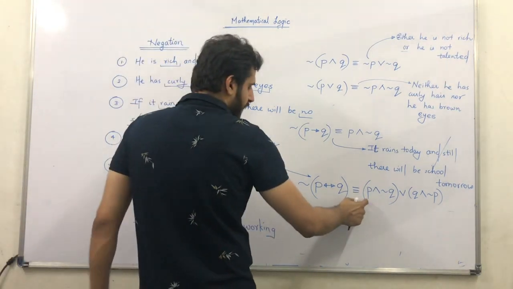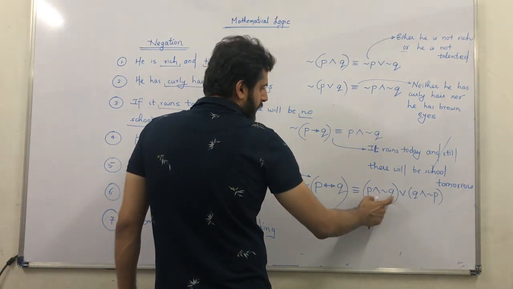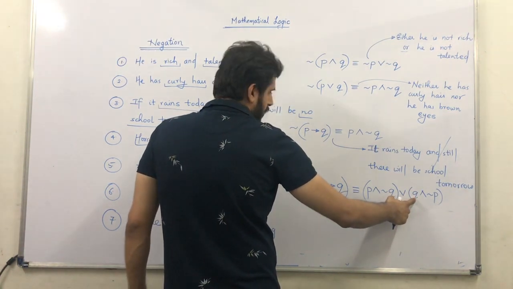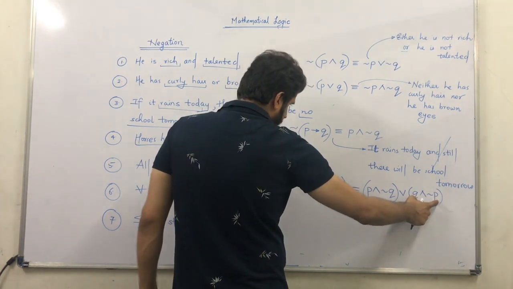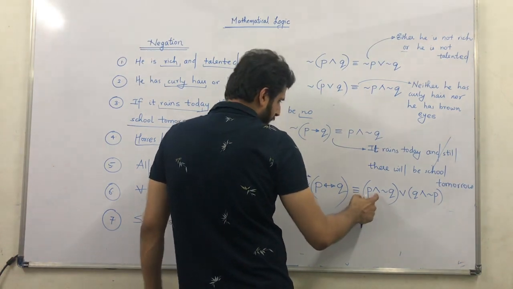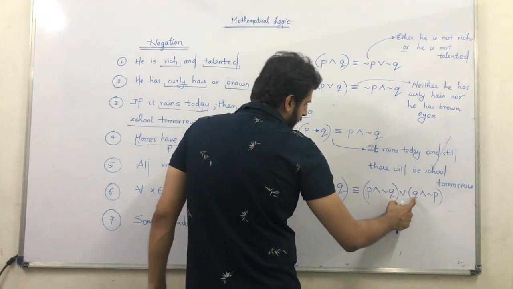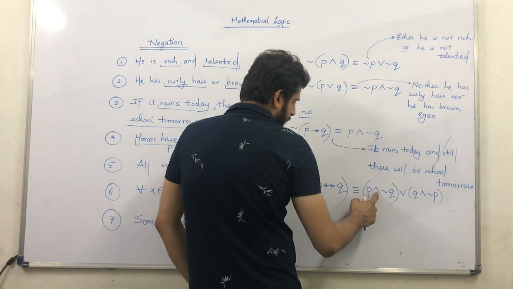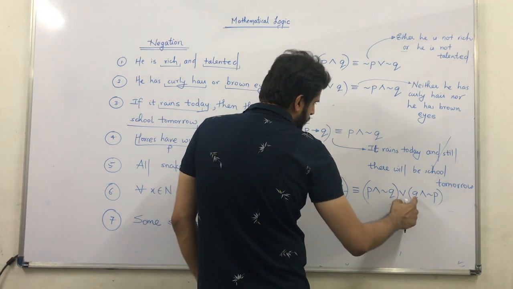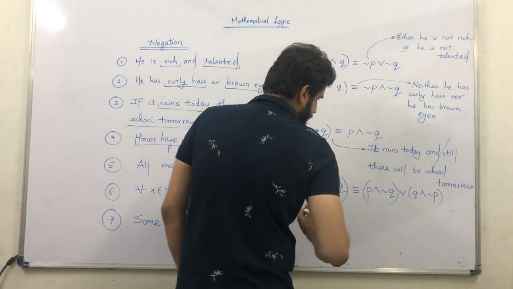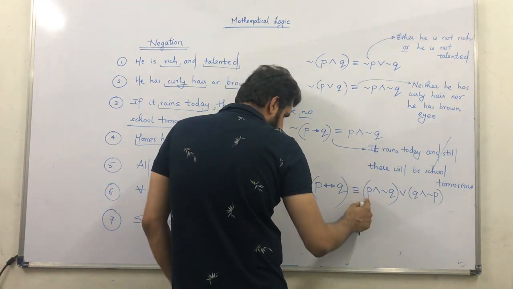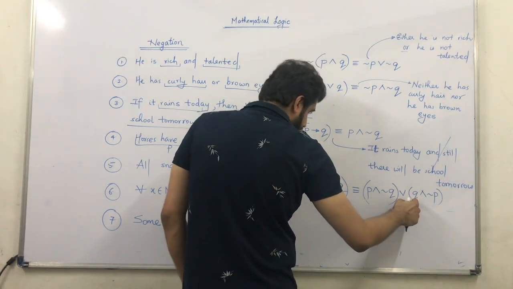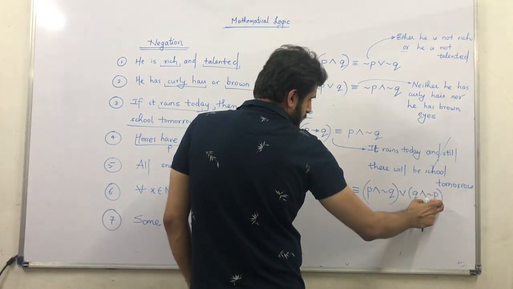So horses have wings and they do not fly, or horses can fly and they do not have wings.